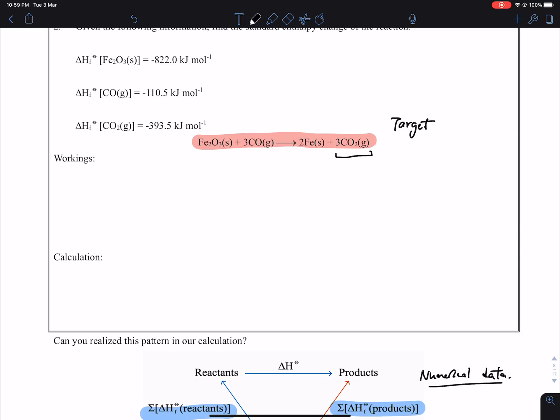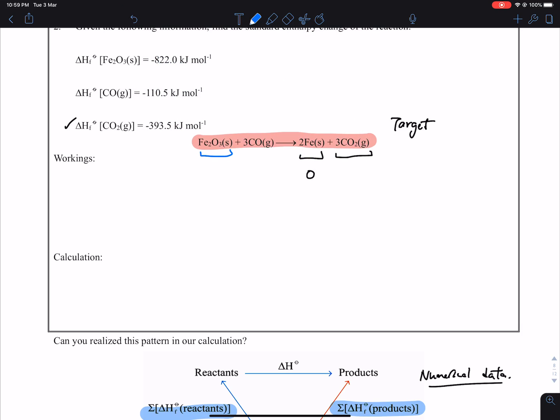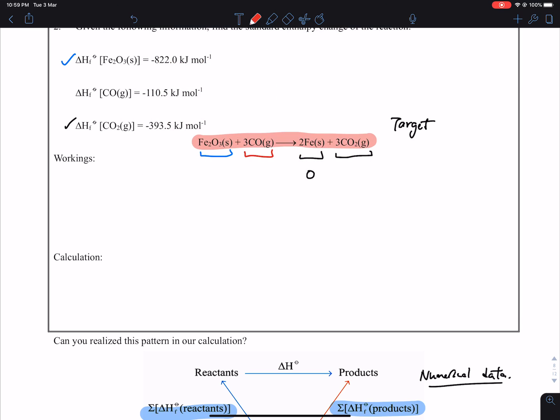The formation of Fe, wait a minute, formation of element is actually 0. But for this one, we have negative 393.5 here. And then for reactants, we have it here. Fe2O3, negative 822. And then for carbon monoxide, we get negative 110.5.